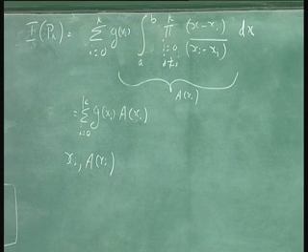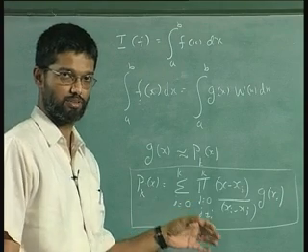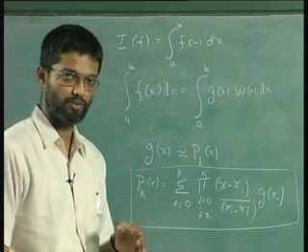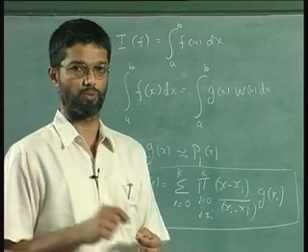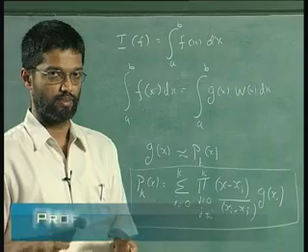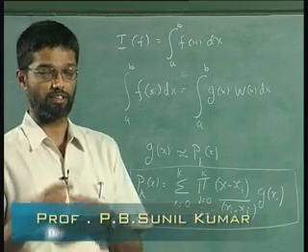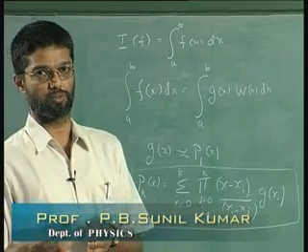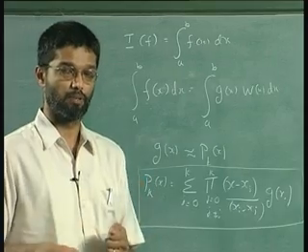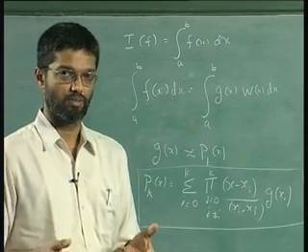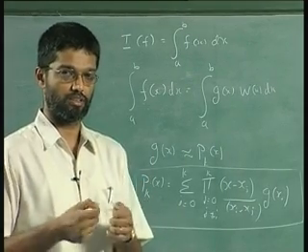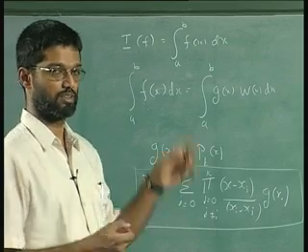So, this method has this real advantage that if you are given a set of points x0 to xk, and the corresponding weights a of x0 to a of xk, which do not depend on the function value, then you can integrate any function within the interval a to b.